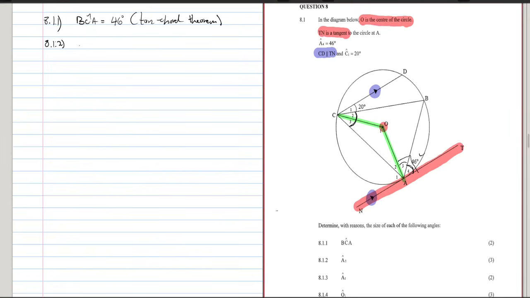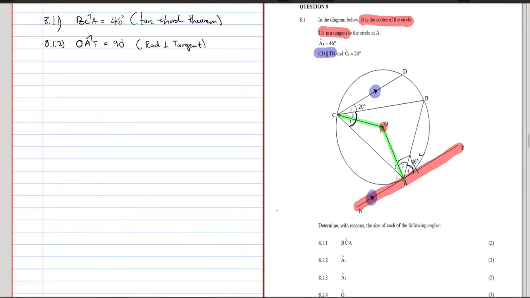So let's start off by saying angle OAT is equal to 90 degrees. How do I know that? I know this because a radius is perpendicular to a tangent. That's one of the theorems in Euclidean geometry.